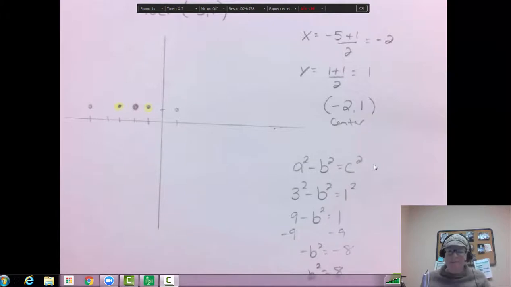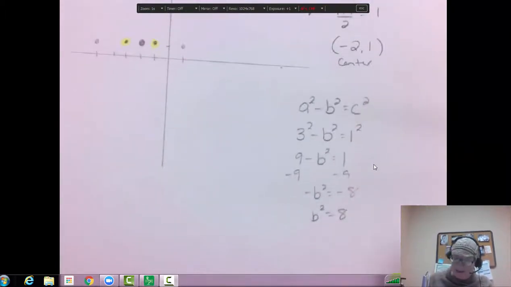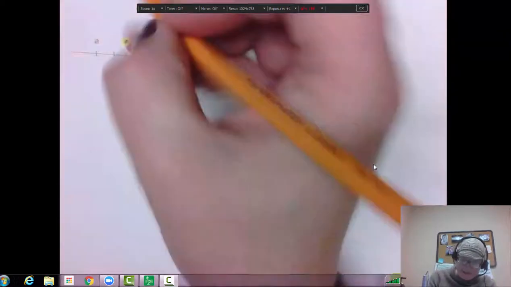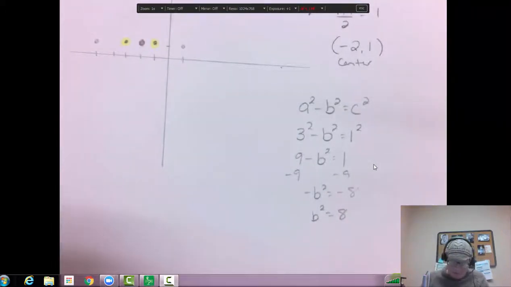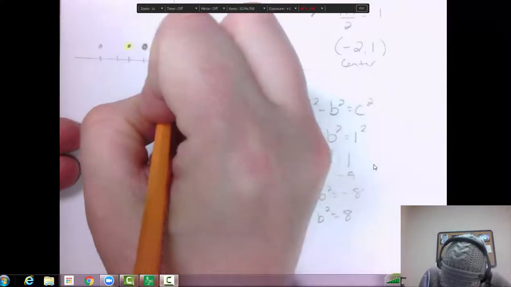Well, we can get b as the square root of 8, and that's our distance, but really we like the 8 because in the formula it is b squared. Okay, so now we know the distance this way. I can take the square root of 8, which is about 2.8, and that'll give me an idea here.